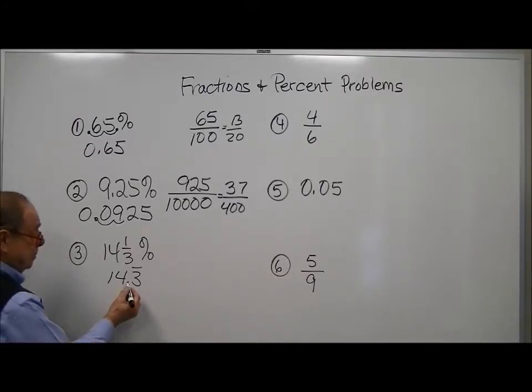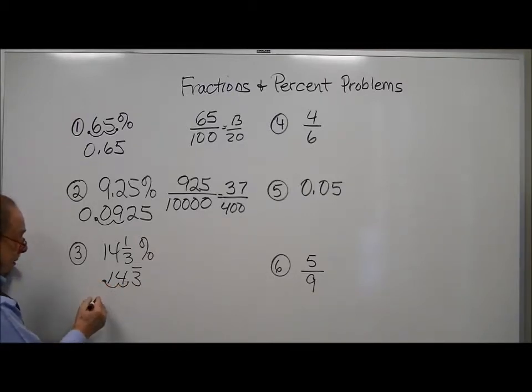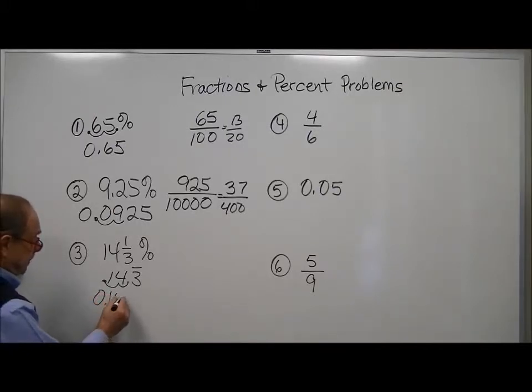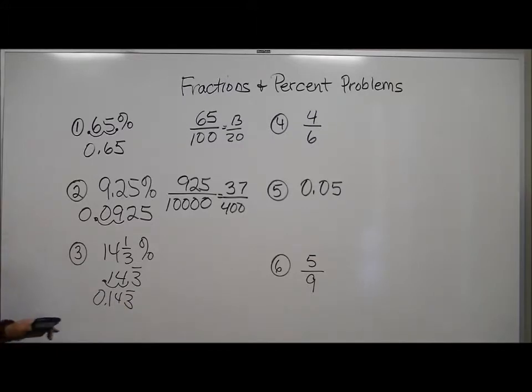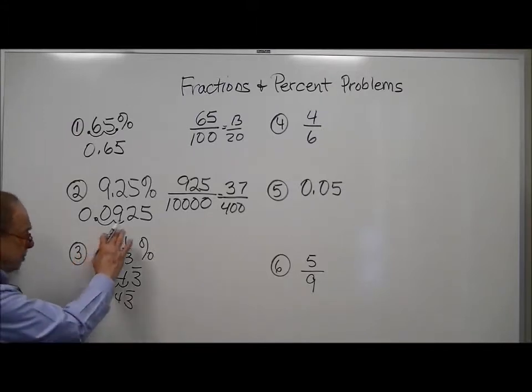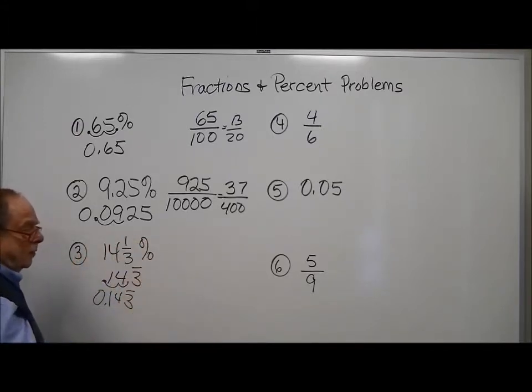And we're going to put it in its decimal form by moving the decimal 2 places to the left, fix it with a 0, and if you're rounding it off to the nearest tenth, then that's what it would look like.